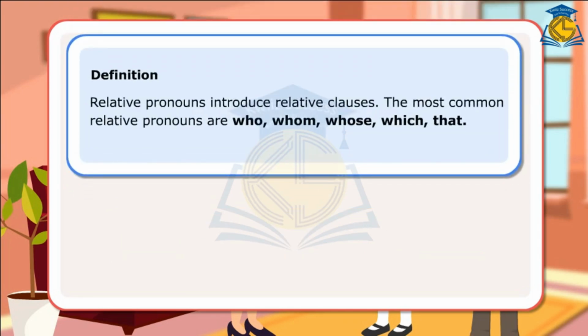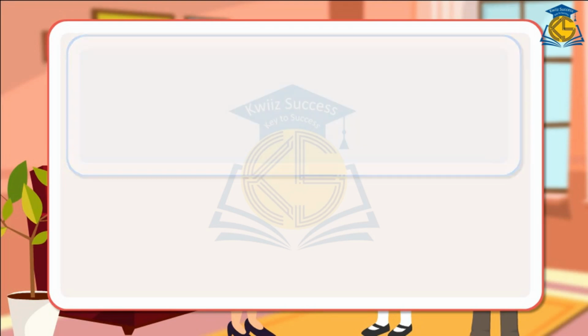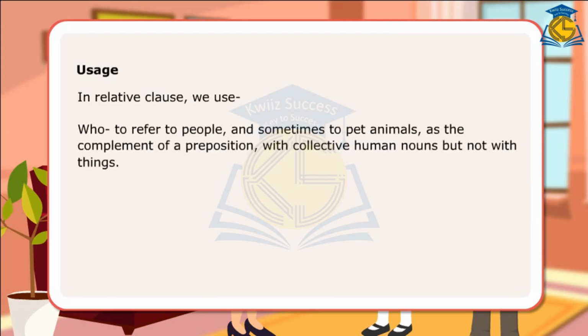Definition. Relative pronouns introduce relative clauses. The most common relative pronouns are who, whom, whose, which, that. Usage. In relative clauses, we use who to refer to people and sometimes to pet animals, as the complement of a preposition with collective human nouns but not with things.